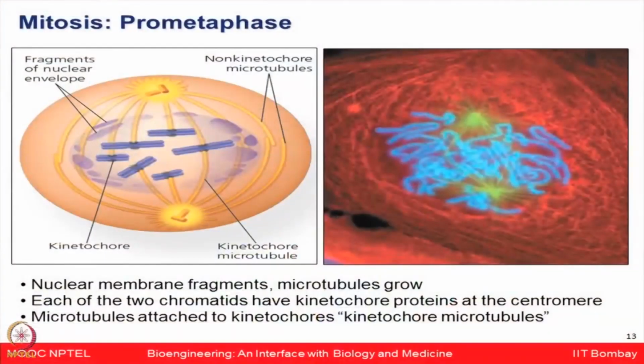Now, the cell is preparing itself for division and starts orienting towards the 2 poles, and that is when the nuclear membrane starts fragmenting and the microtubules start growing. Each of the two chromatids has kinetochore proteins at the centromere, and these microtubules get attached to those kinetochores; they are known as the kinetochore microtubules.